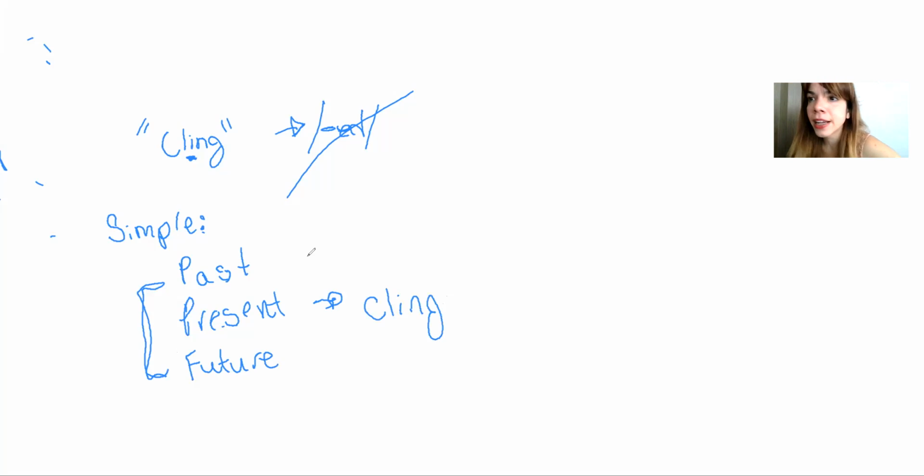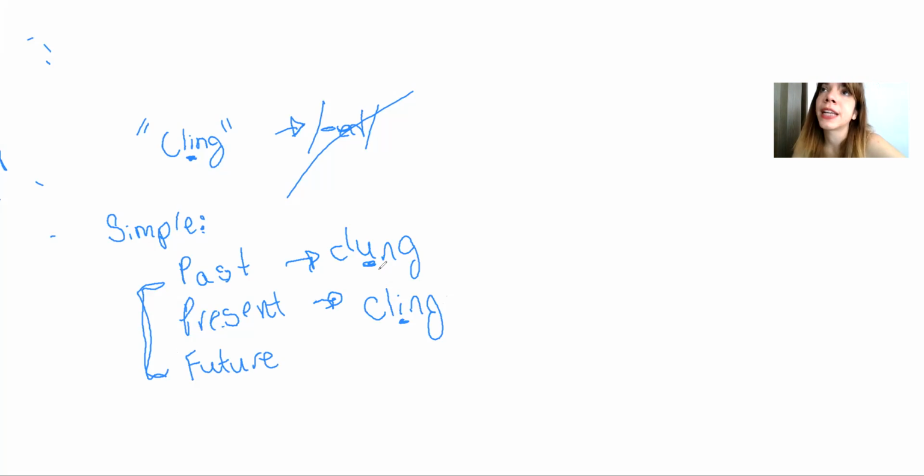Past tense of cling, clung. And if you're not too sure what changes happen, if you didn't know that you change the I to a U, you can always verify online, checking an online dictionary, okay? You can do that and that's fine.